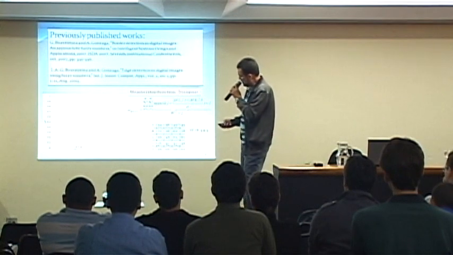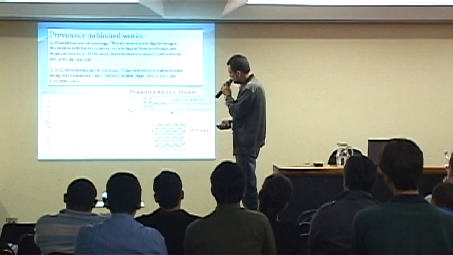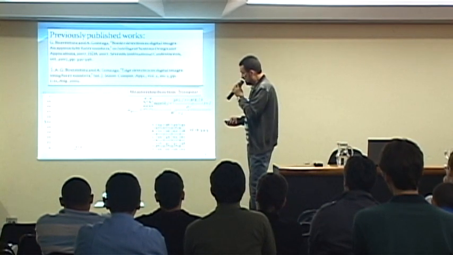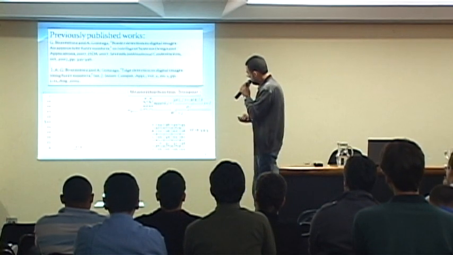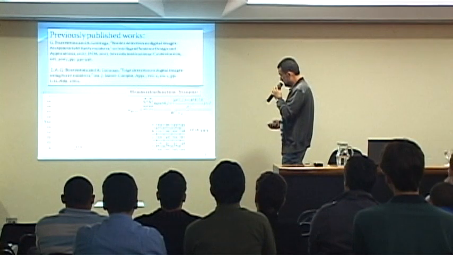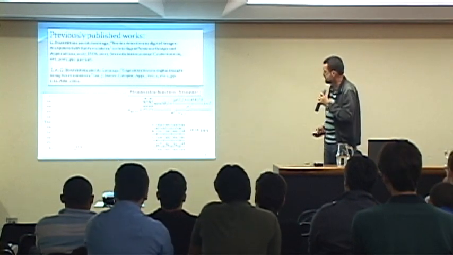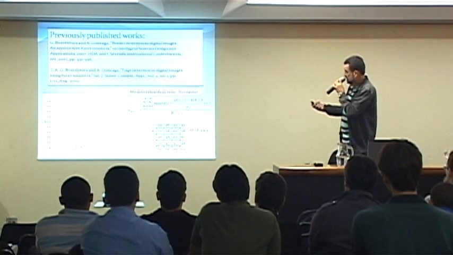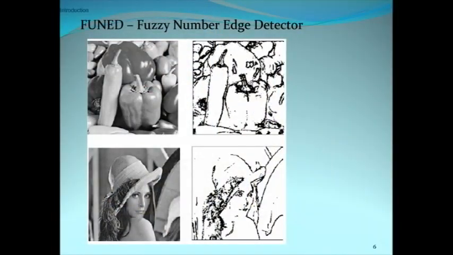If the central pixel is this value, we can calculate the membership degree of the central pixel to its region using a triangular function, using a neighborhood of 3 by 3 pixels. With this work, we proved that we can extract edges using this approach.